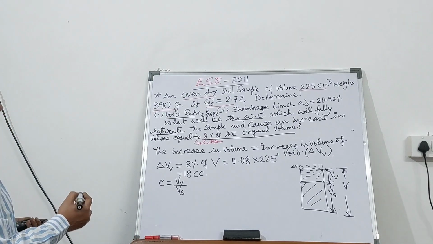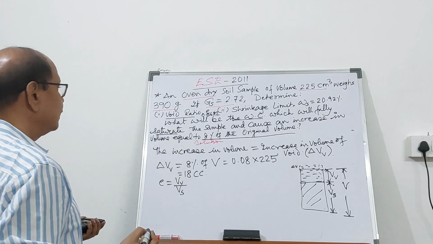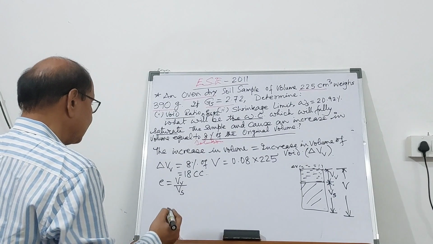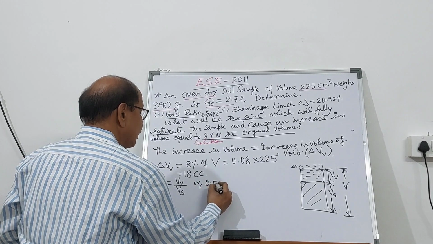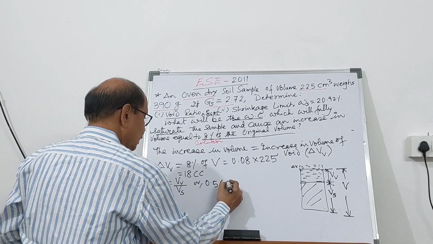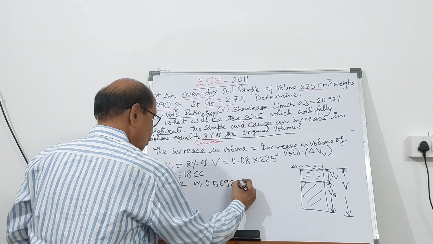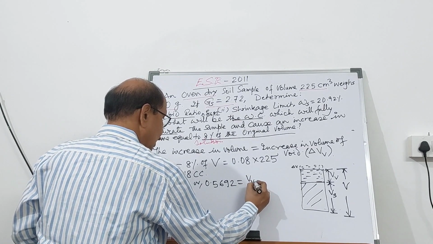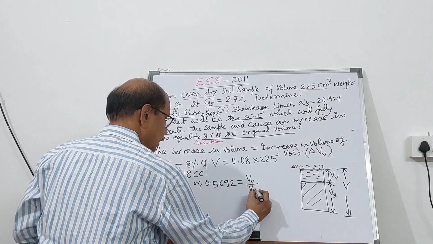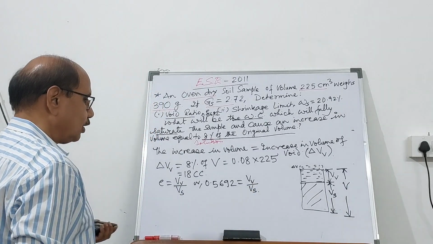So e equal to volume of void upon volume of soil solids. And now e is already calculated as 0.5692, equal to volume of void divided by volume of solid.